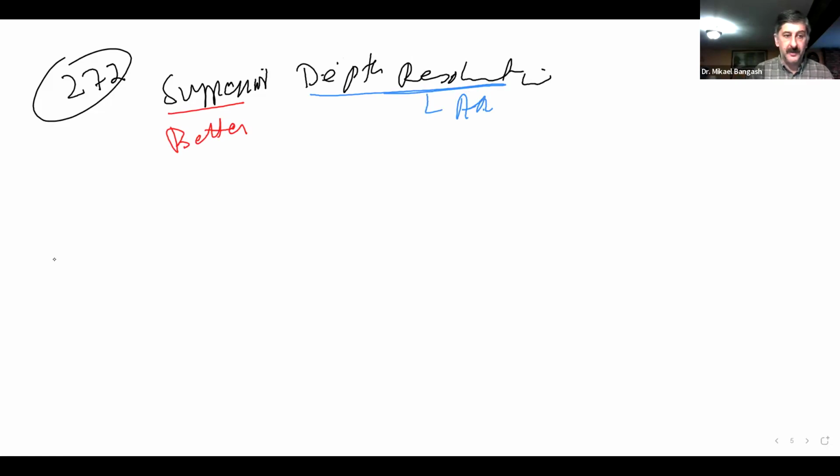Don't think that this superior depth resolution is going to mean seeing things at a shallow depth.